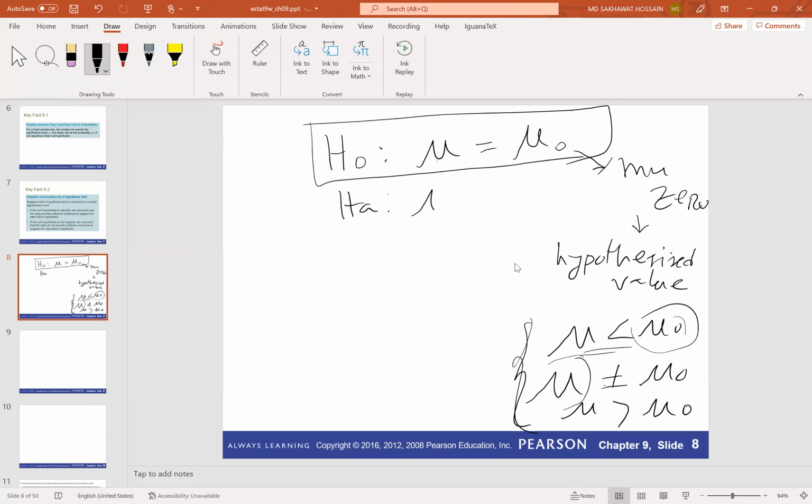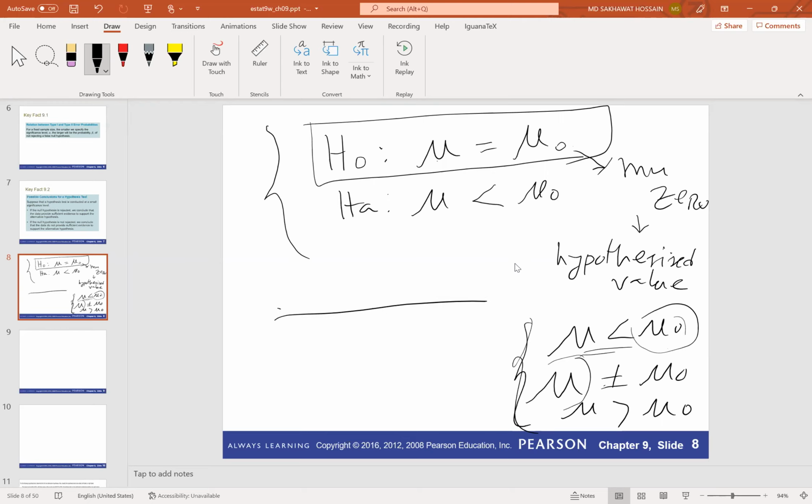And the alternative is, first, that mu is less than this one. If we have a hypothesis like this, then this hypothesis test will be called a left tail hypothesis test, because this is a less than test.